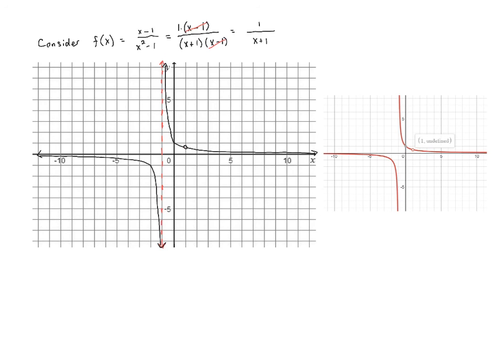So just be careful whenever you're simplifying a function, because the domain might change a little bit in the simplification process, and we always have to make sure we're using the domain of the original function. So in this case, we've got a hole in the graph at x equals 1.